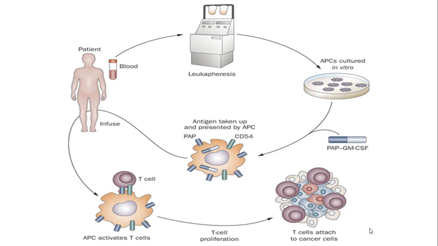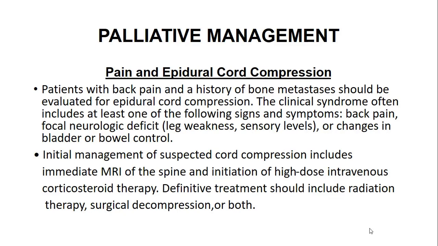In this form, these activated T cells are reinfused into the patient's own body, encouraging T cell proliferation, and the T cells attach to cancer cells. So this is the mechanism of the vaccine.